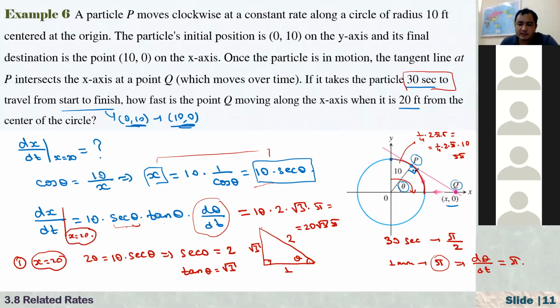That means that when x is 20 units away from the origin, it was moving toward the origin at the rate of minus 20 times square root of 3 times pi. Why is it minus? Because it is decreasing, that's why it should be minus.